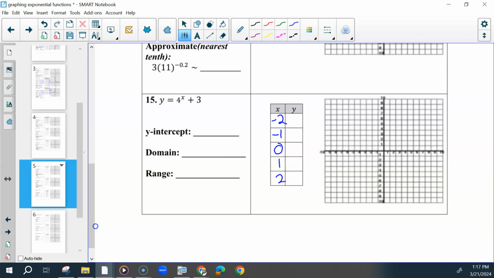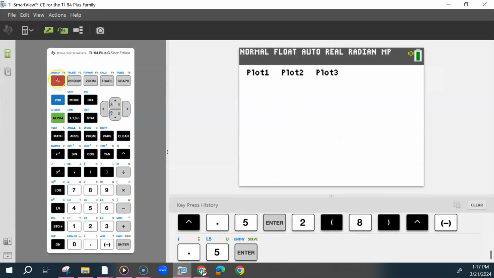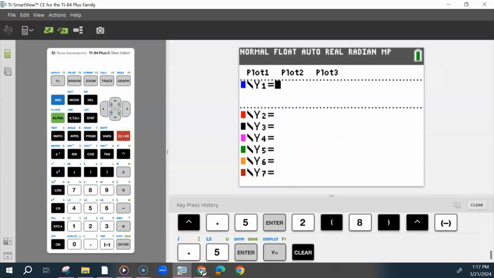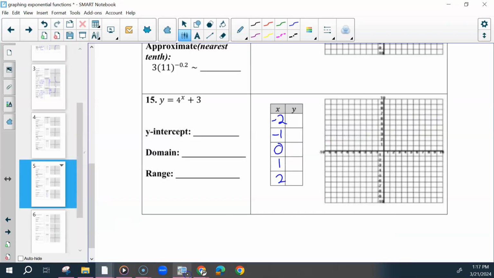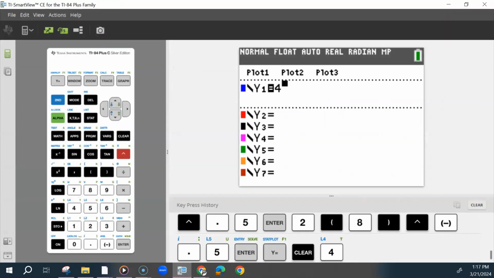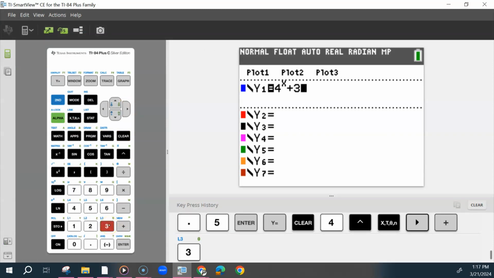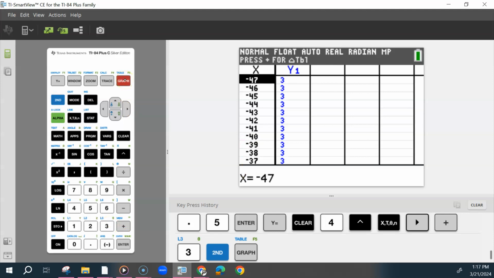But with this, we'll have to look at our table in our calculator and put in, what was it, 4 to the x, and then plus 3. And then go to the table, second graph.